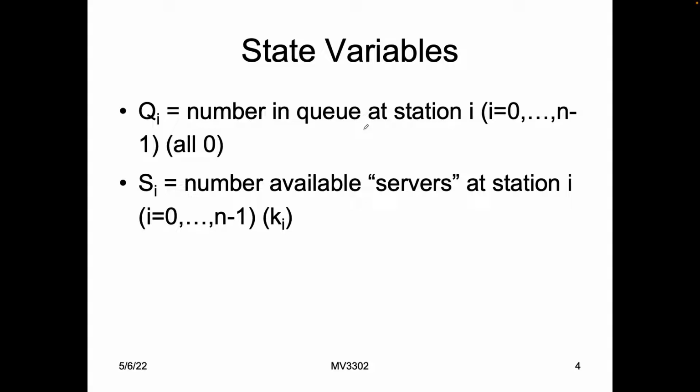The external arrivals are going to simply schedule the first one, which is the 0th index. By analogy to our multiple server queue, we know that when a customer shows up at station i, then if there's an available server at station i, we can schedule a start service at station i.